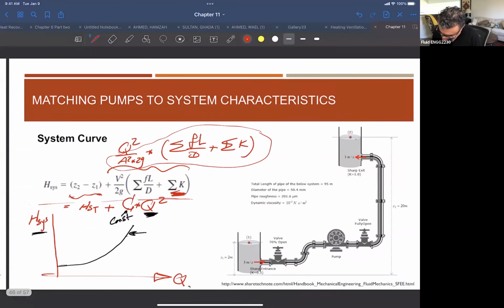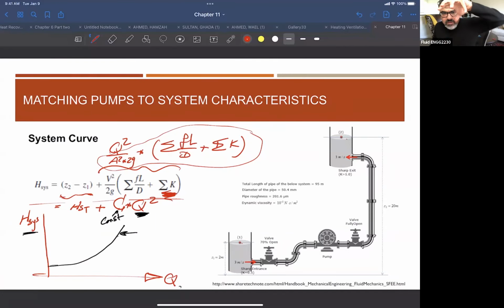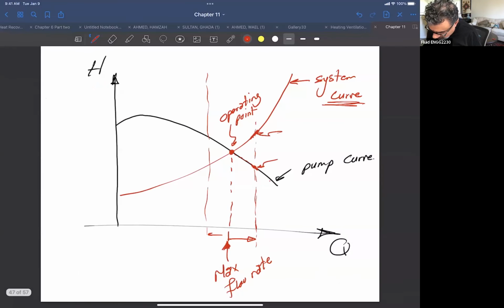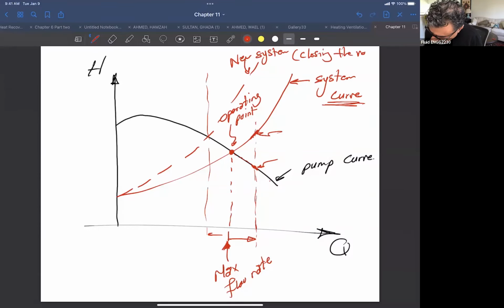This K here. If you close the valve, you make a new system. So in this case, you can operate here now.